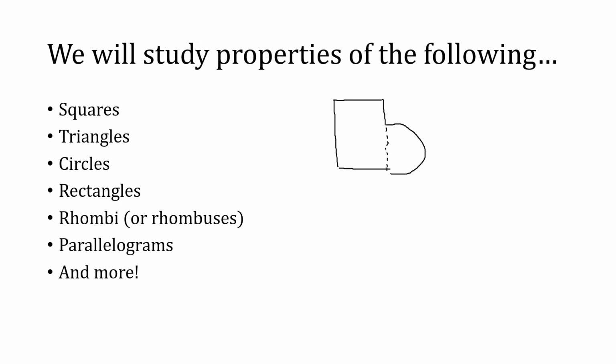So if you've got a semicircle here and a rectangle here, how might you calculate the area of such an object? We'll talk about things like that later on in the unit. But for now, we will be focusing mainly on these simple properties, the things that make these shapes the shapes that they are. So let's get right into it.